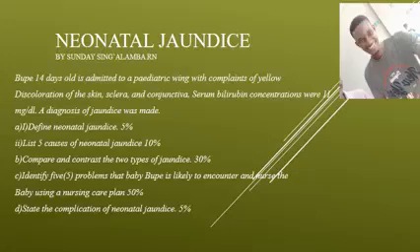Once there is a low serum albumin, this means there will be a failure of unconjugated bilirubin to be transported to the liver for conjugation. So all these causes jaundice.